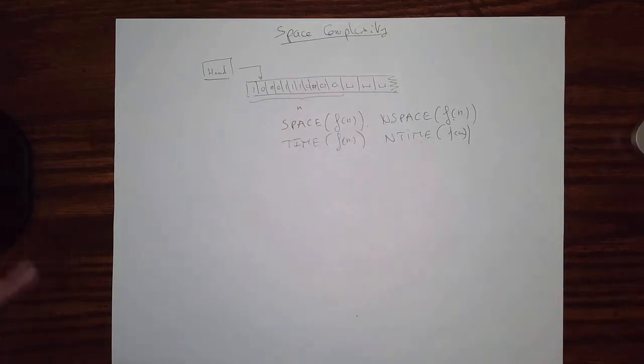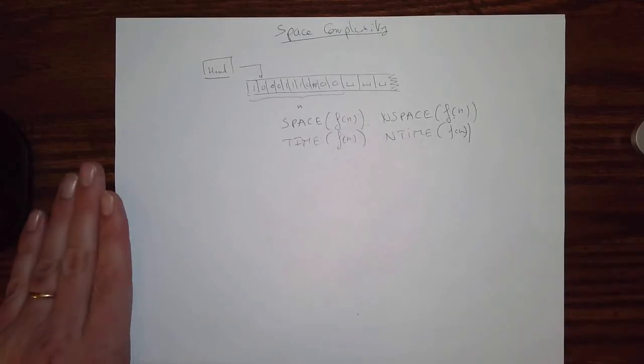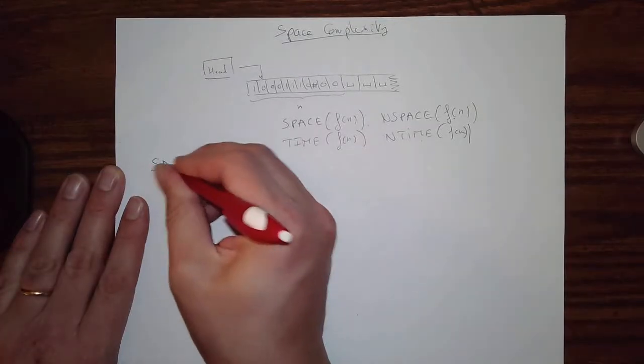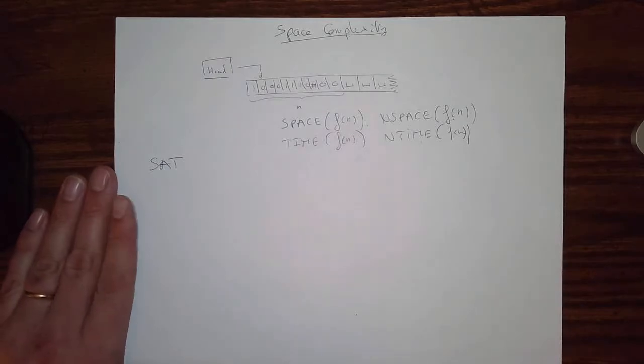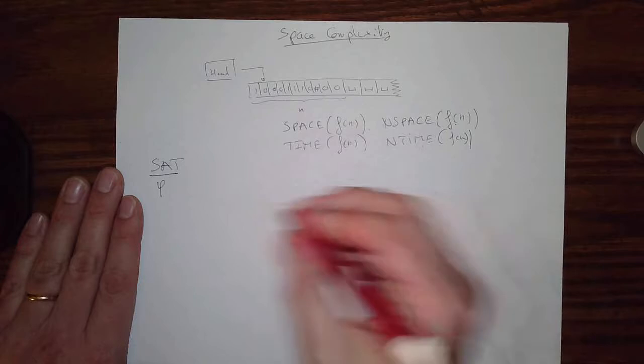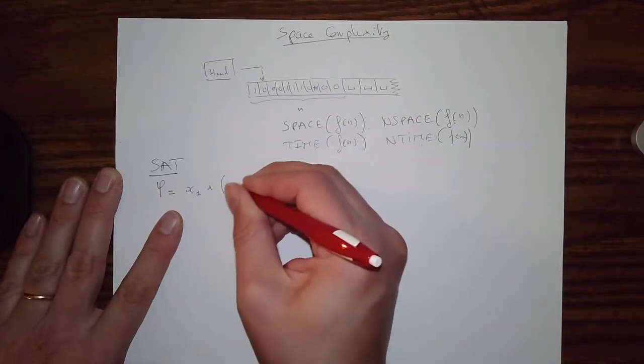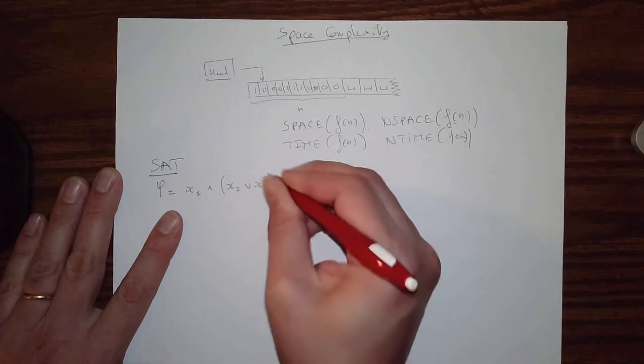But first, to make this a bit more concrete, let's go through an example, the example of SAT. SAT, remember, is the satisfiability problem where we have a Boolean formula phi. Say that this formula is x1 and (x2 or x3), right?